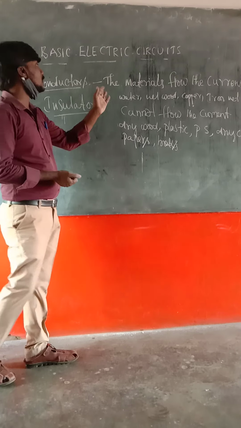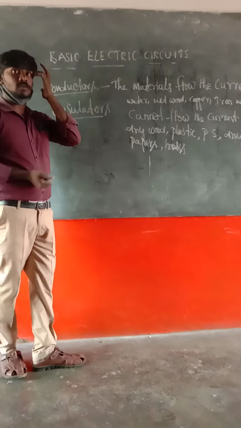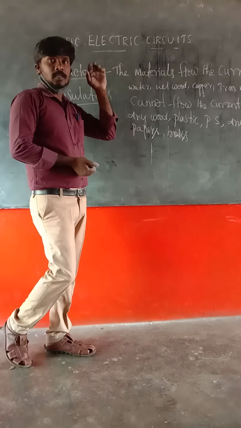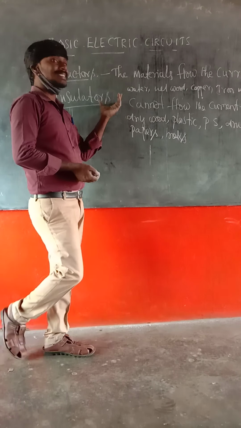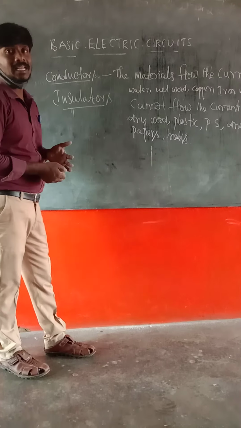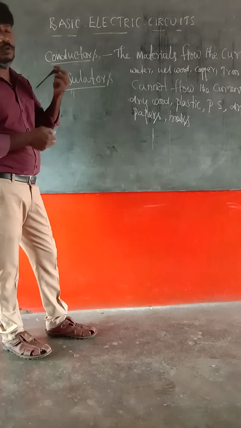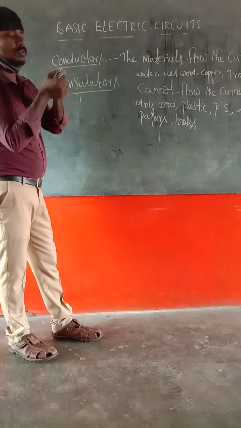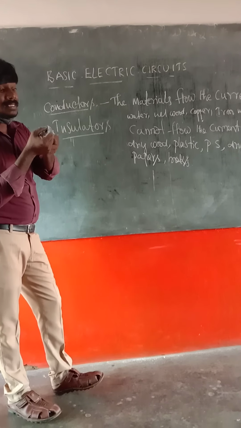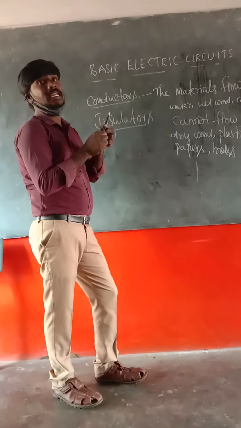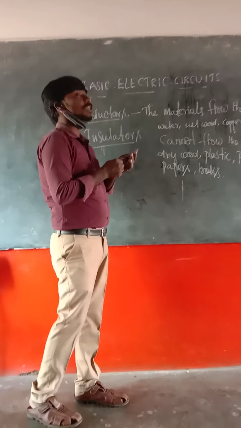And one more example of a conductor is the 8 pin also. And pencil, that means pencil lead, supplies the power. Why? Because the pencil lead belongs to nickel, so that's why it conducts power.